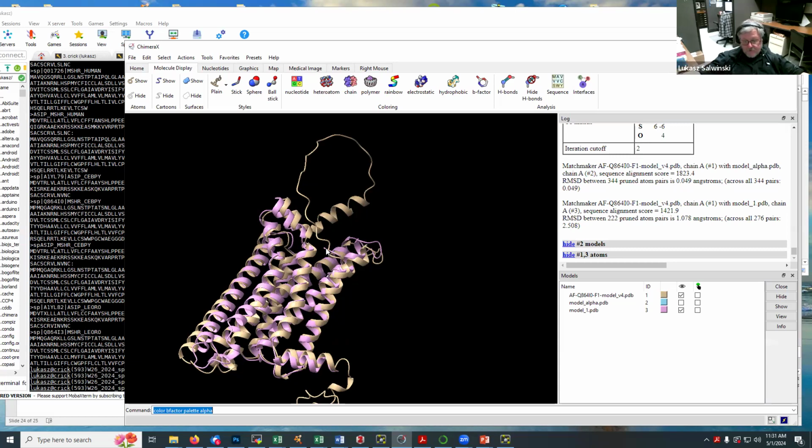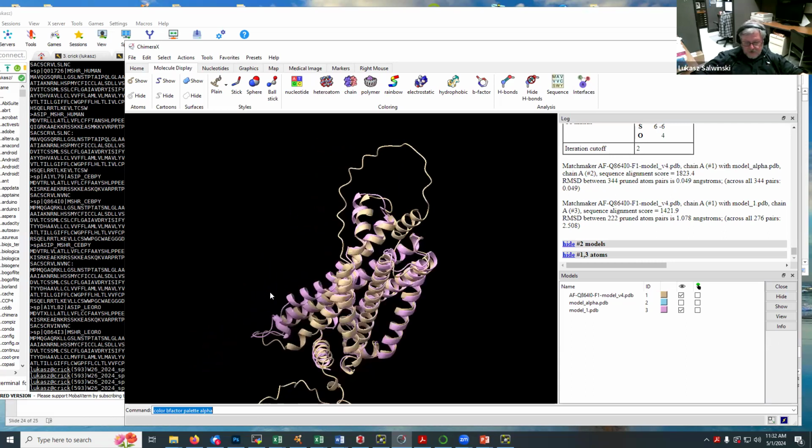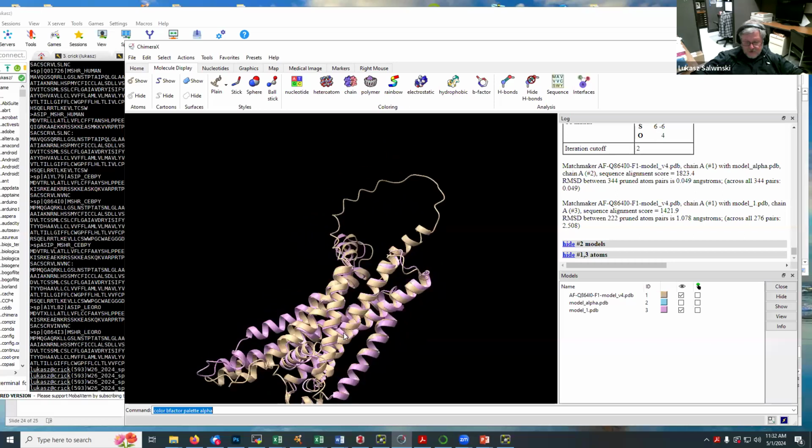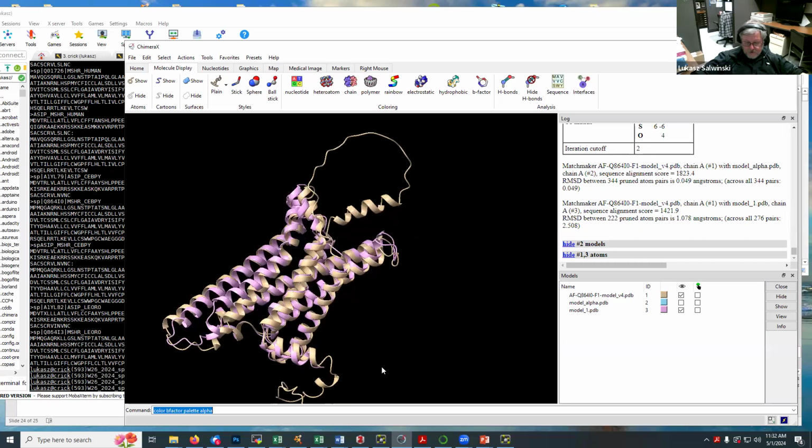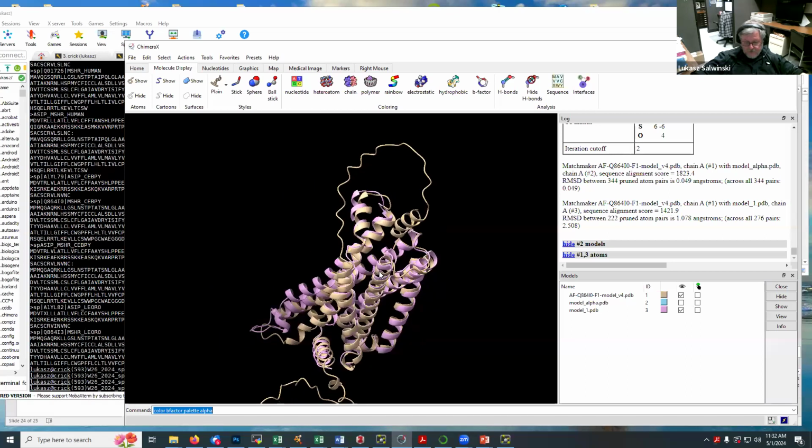So in the final version of the protein, this part is never present. It's clipped off as a post-translational modification. AlphaFold doesn't know about biology, so it will try to model it anyway. So it's quite sensible to remove this part of the AlphaFold model from the prediction.